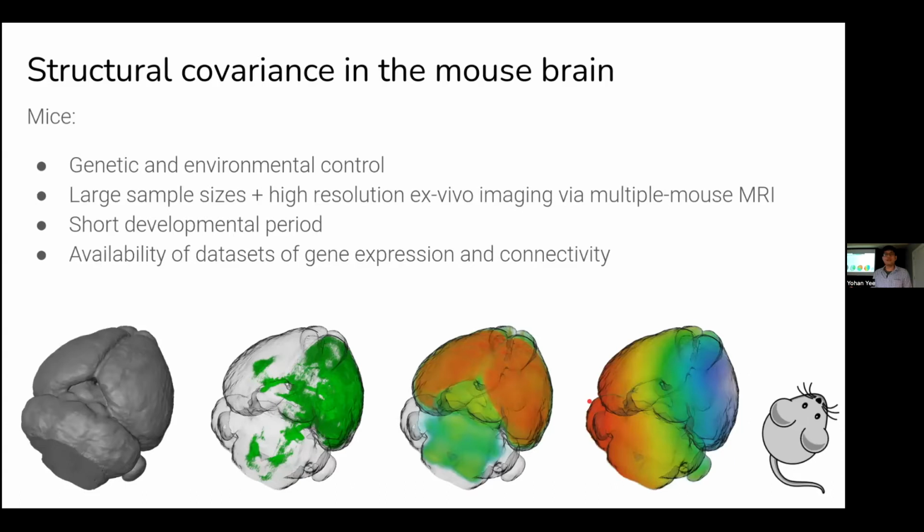Mice have a short developmental period, so you can really track development and coordinated development over time, right from birth to adulthood. I won't mention it in this talk, but we've done a lot of studies on that. And most importantly, in the mouse, we have data sets on gene expression and connectivity, which we can then compare our structural covariance results to.